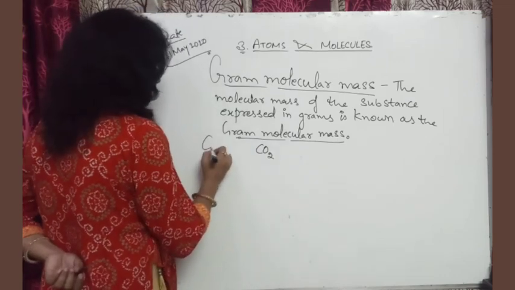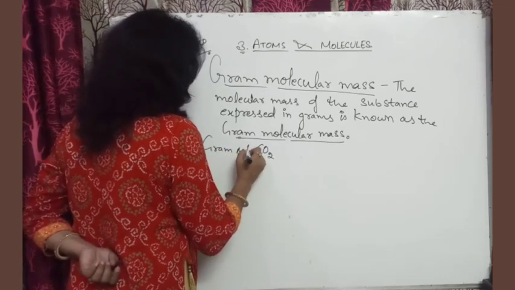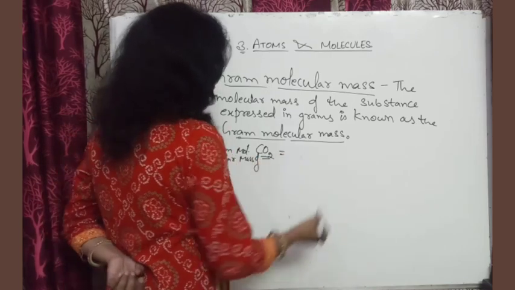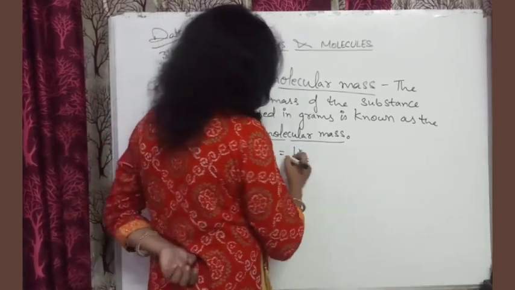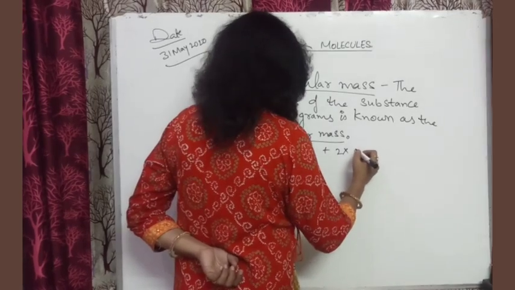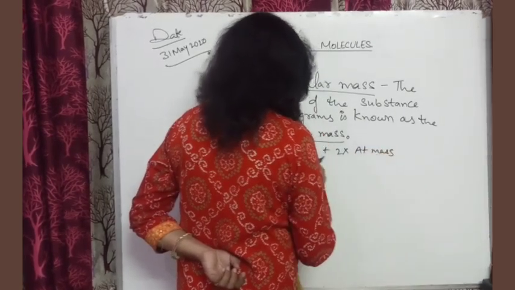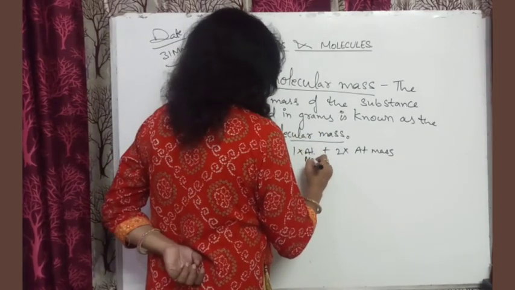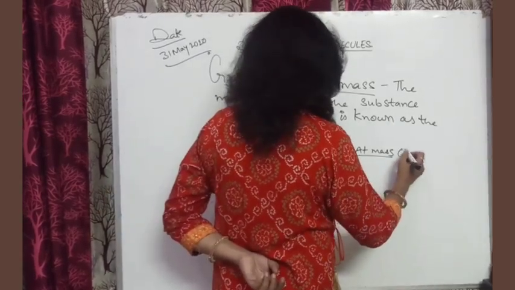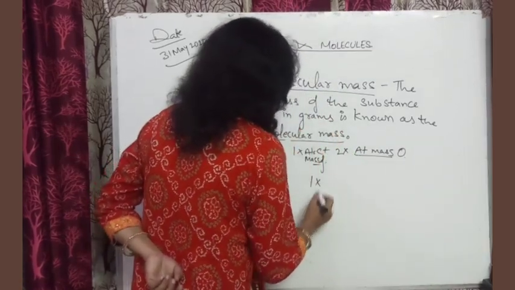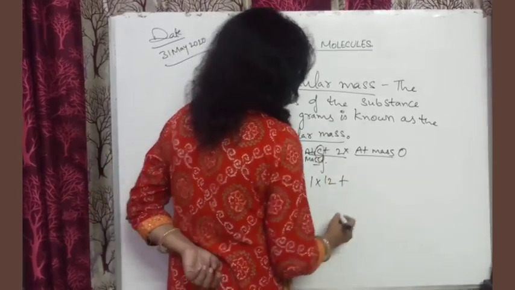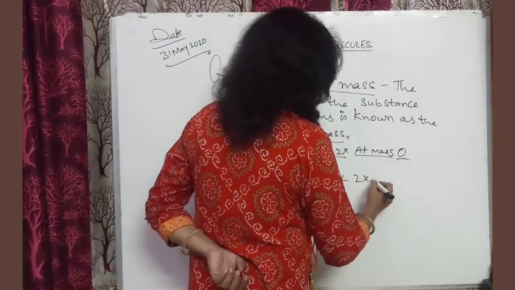Now you can write: gram molecular mass of CO2 equals 1 into atomic mass of C plus 2 into atomic mass of O. So what will you get? 1 into the atomic mass of carbon, which is 12, plus 2 into the atomic mass of oxygen, which is 16.